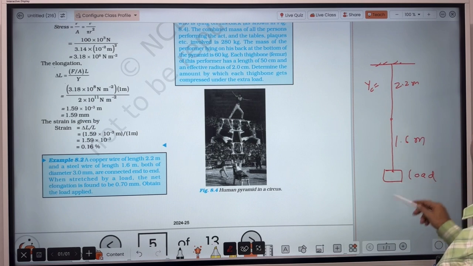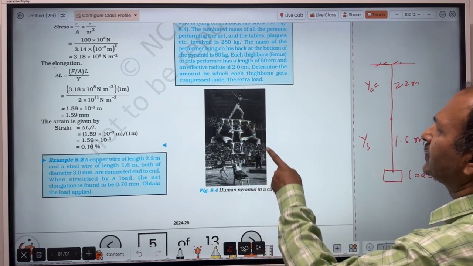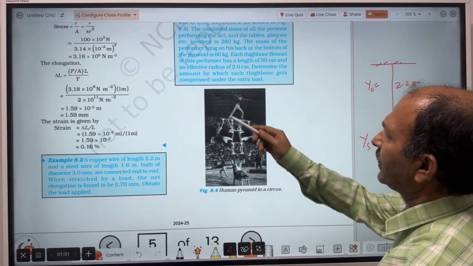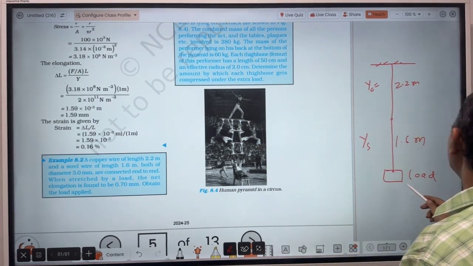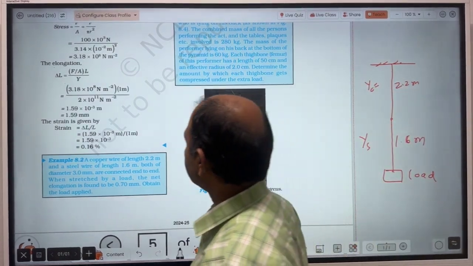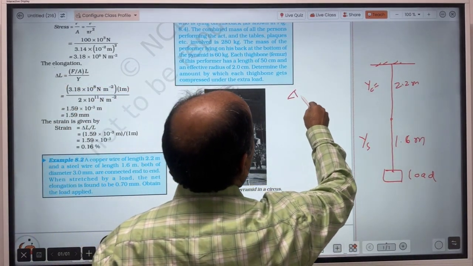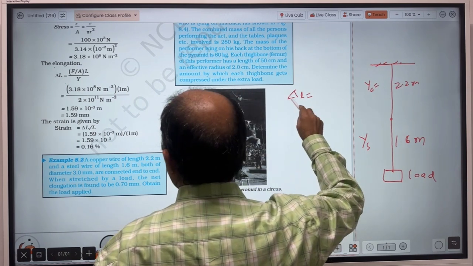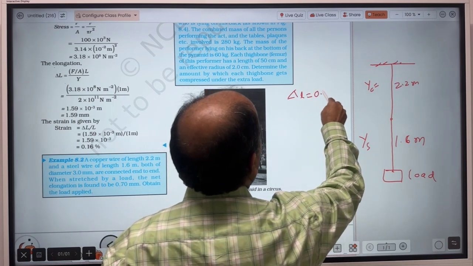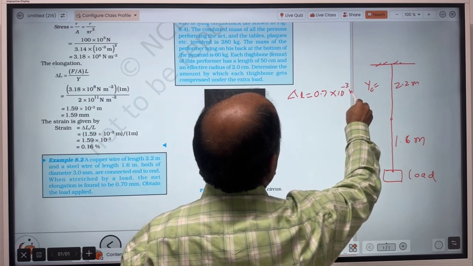Y steel is 2 into 10 to the power 11 that we have used, but still we can use the table if need be. Now other information: elongation delta L is given as 0.7 millimeter, that is 0.7 into 10 to the power minus 3 meter.